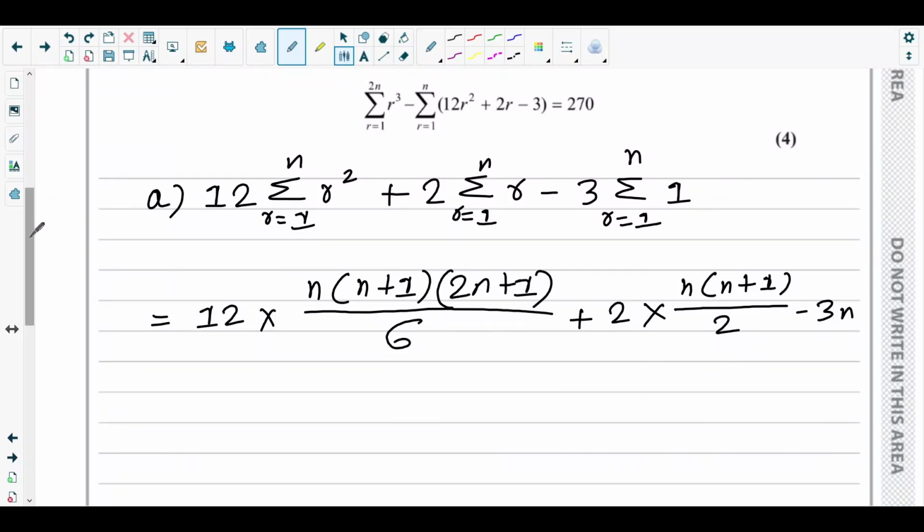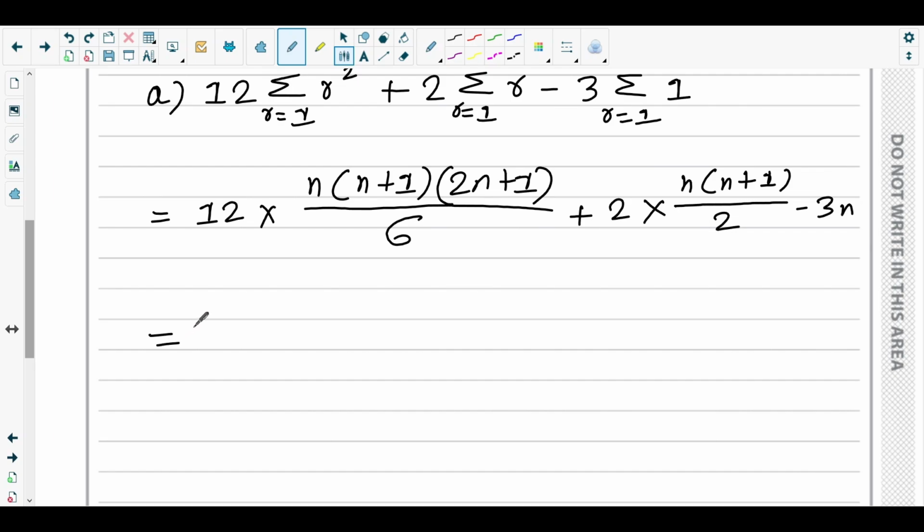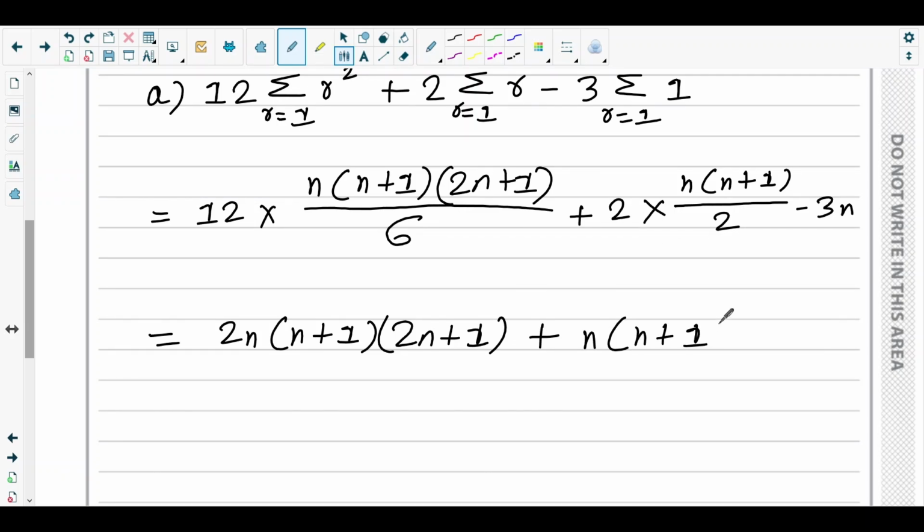Now just simplify, multiply them out. So 12 over 6 is basically twice n times n plus 1 times 2n plus 1. And then the 2 cancels out, you will get n times n plus 1, and negative thrice n. Now there are three terms.